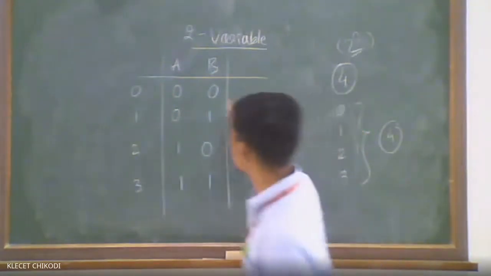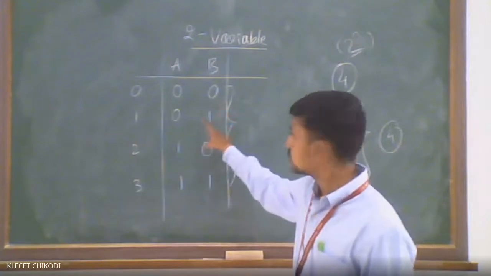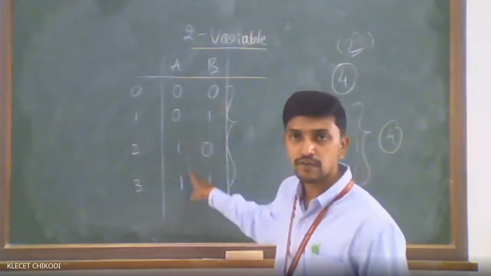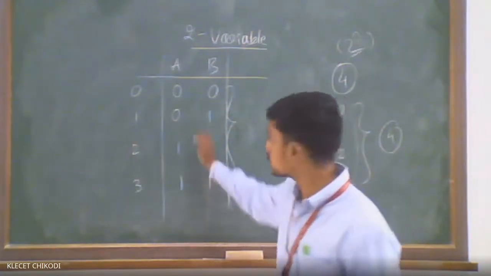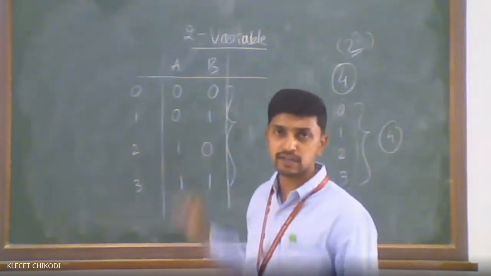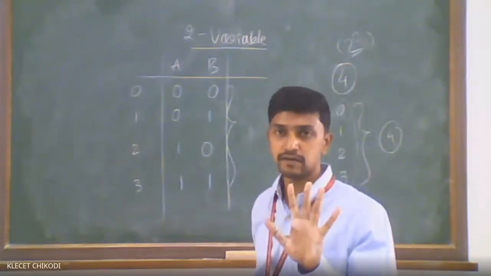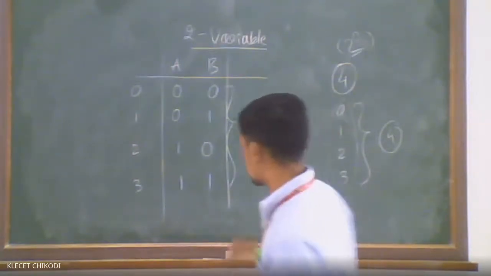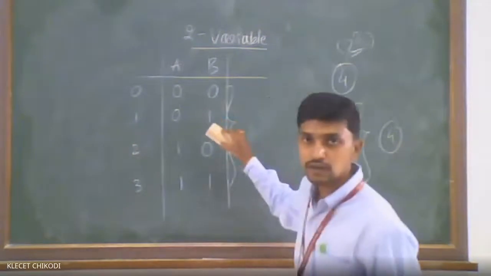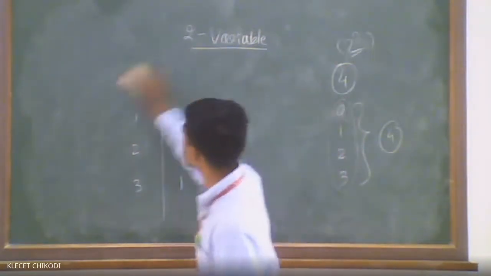You just have to remember this combination: 0, 0, 0, 1, 1, 0 and 1, 1. Once you remember this, you can write the truth table for any number of variables, that is 3 variable, 4 variable, even 5 variable. Now we will try to write it for 3 variables.